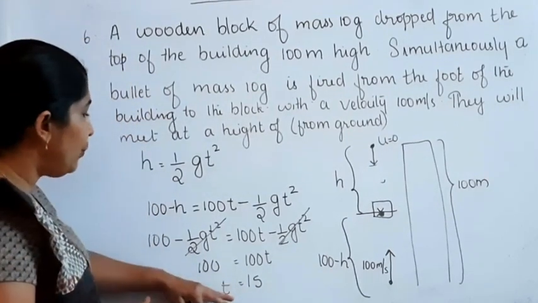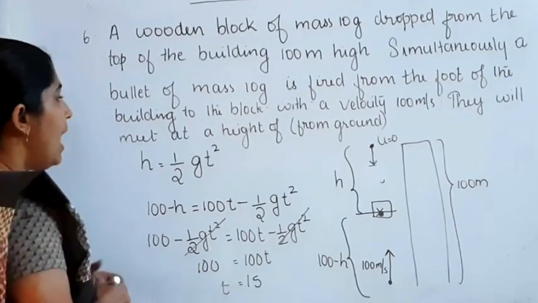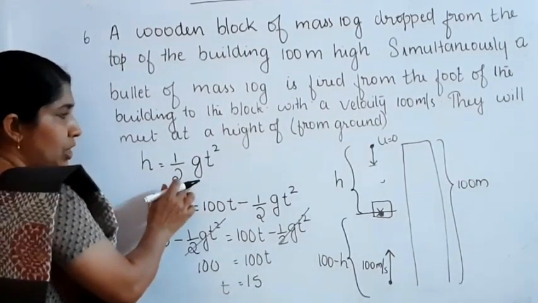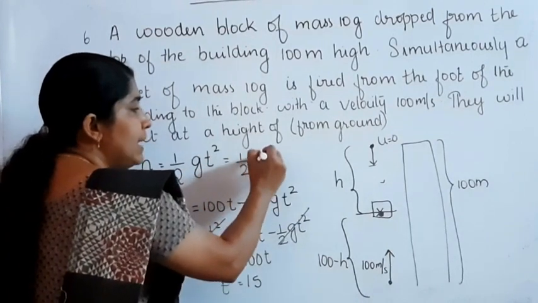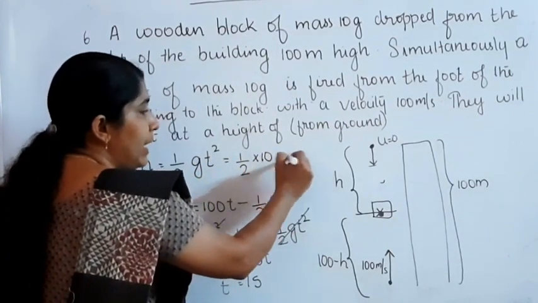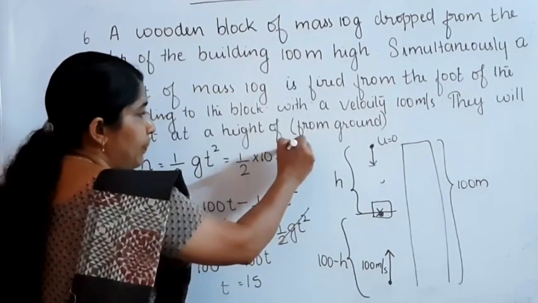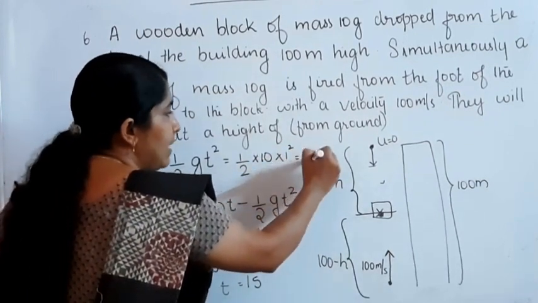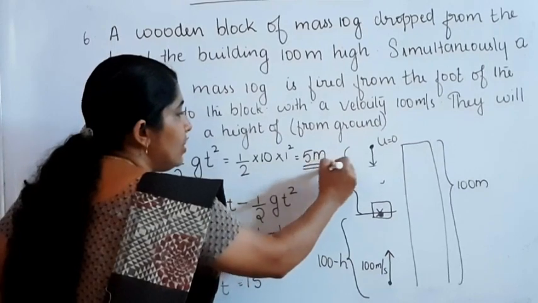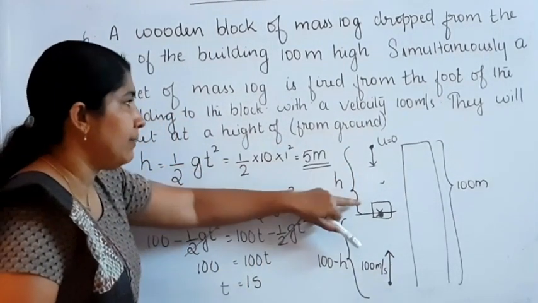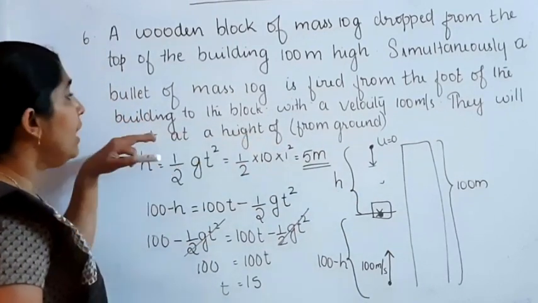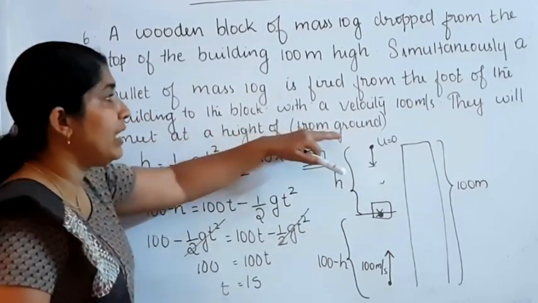Now we want to find out the height. Height h is equal to half g t square, that is half into g equal to 10 into t square, with t square equal to 1 square. That is equal to 5 meter. 5 meter is the distance travelled by the block from the top of the building. We want to find the height from the ground.